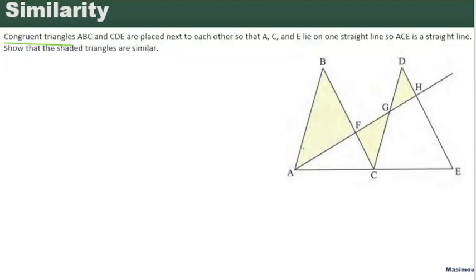To show this, I use the congruent triangles, which says corresponding angles are equal. So in this triangle and in this triangle, A and C are equal. So angle A equals angle C. I have to write my reason always. I say given. The question tells me these two triangles are congruent, so these two angles are equal.